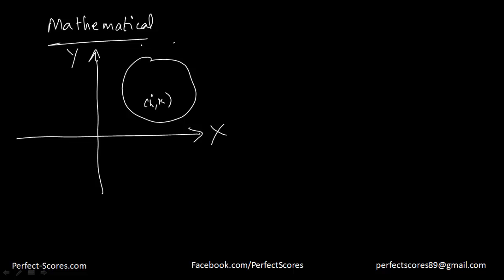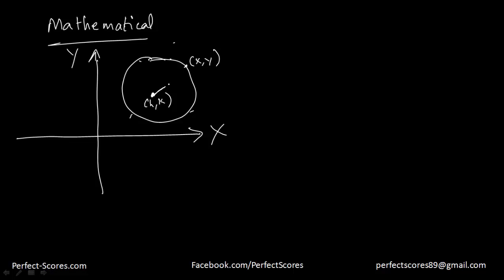We want to find a mathematical equation of the circle such that any point on the circle is defined as x comma y. This can be x comma y, this can be x comma y, and this can be x comma y. So I need some sort of a relationship between h comma k and x comma y.